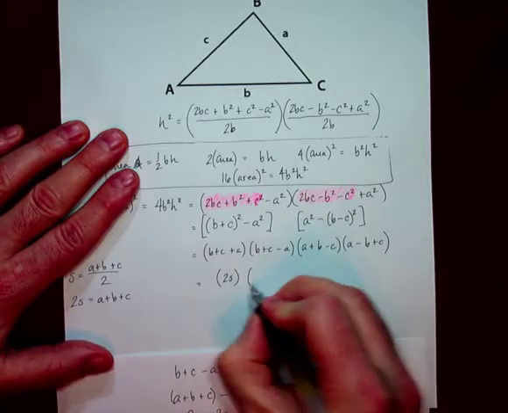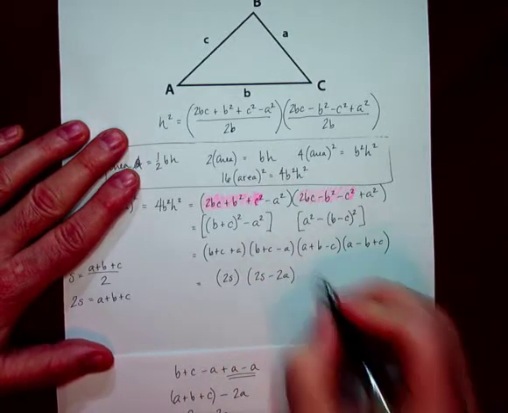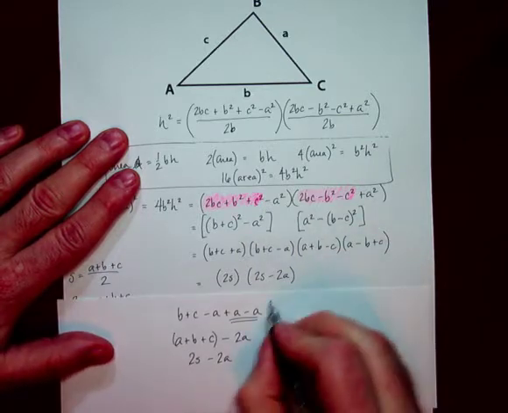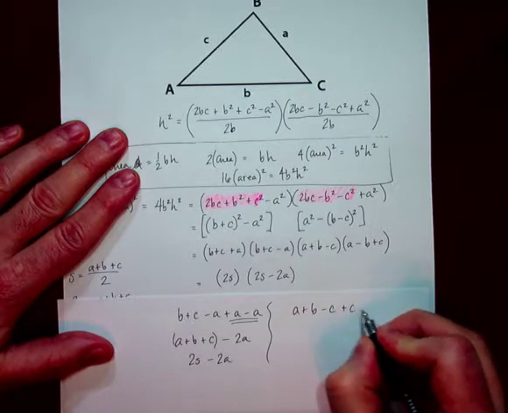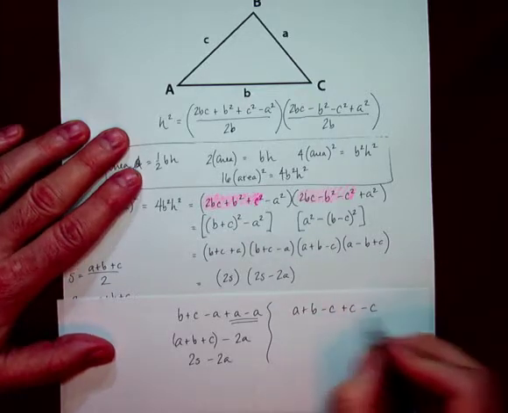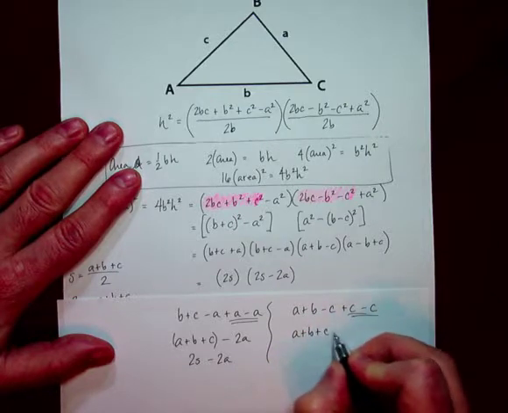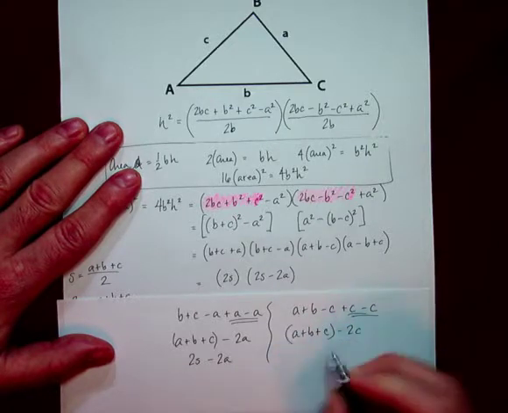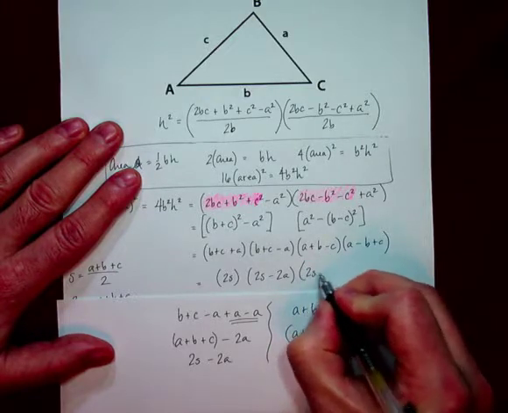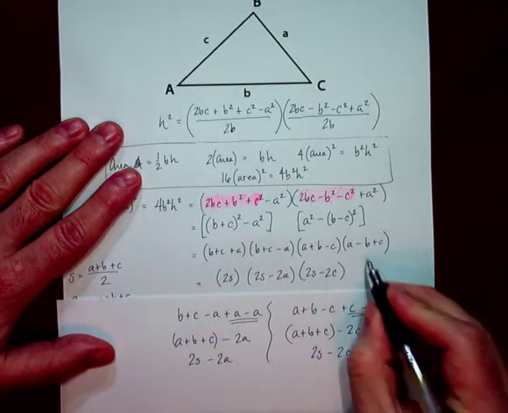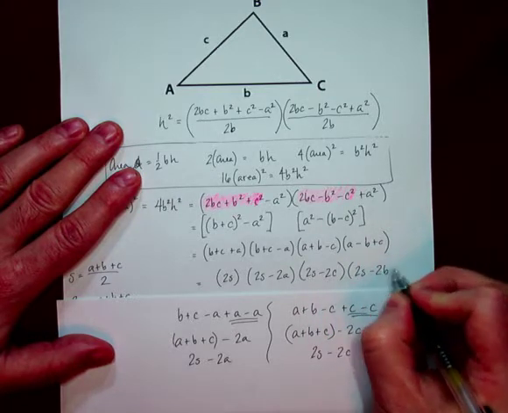This one, something similar happens. I get a plus b minus c, but then I'm going to add c and subtract c in order to change the form of this, and I get a plus b plus c minus 2c, or 2s minus 2c. This one is going to go exactly the same way, but it's going to be minus 2b.